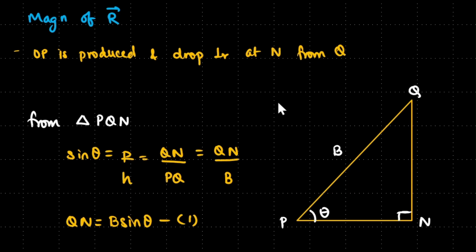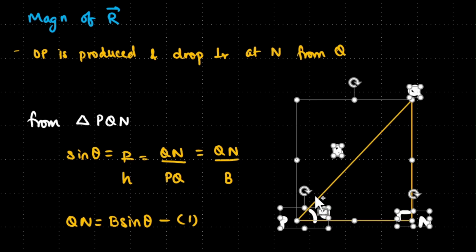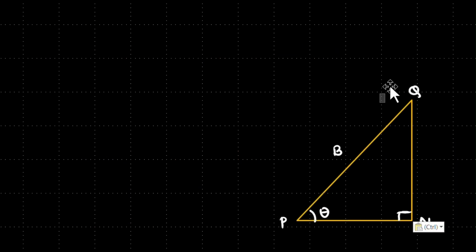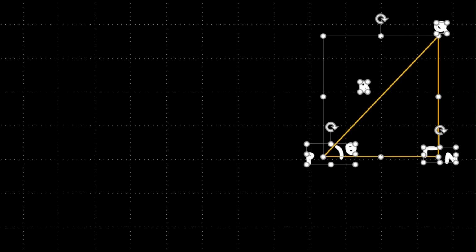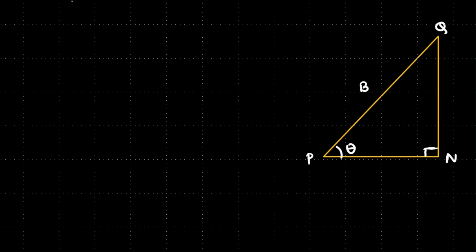Now I'm gonna take the triangle once more, since we need the triangle again. Let's move the triangle somewhere above, like here, and continue. Similarly, with sine theta done, now let's try cos theta. Cos theta is B by H. The base is not the longest side, and it's connected to the angle, which will be Pn.